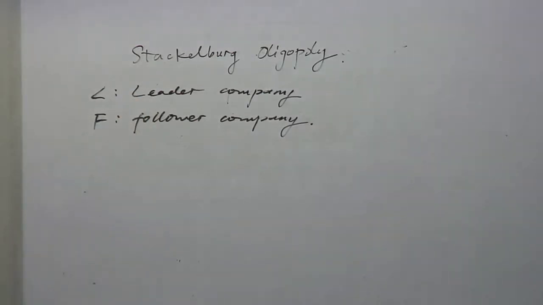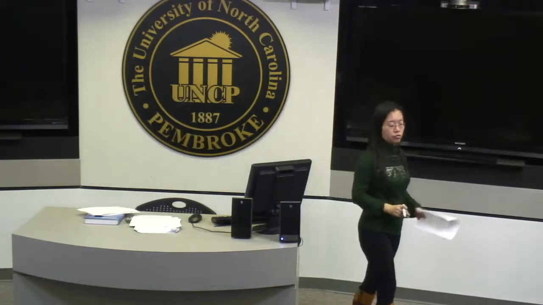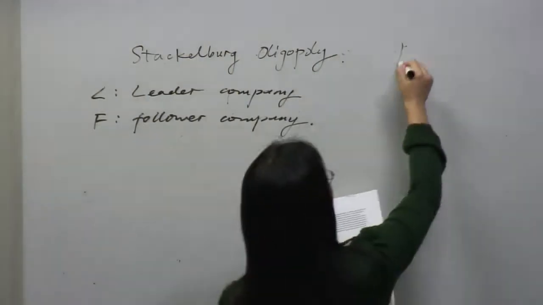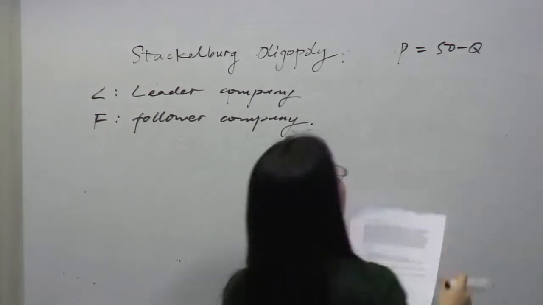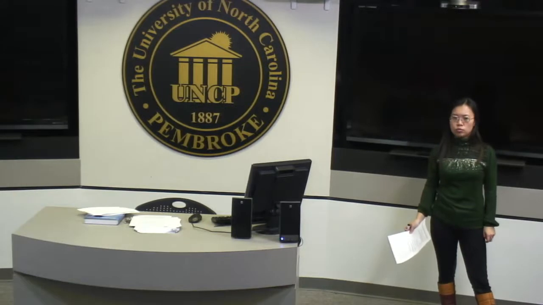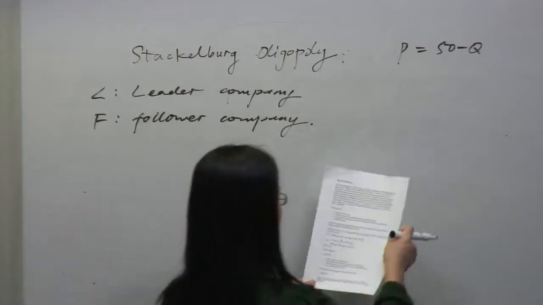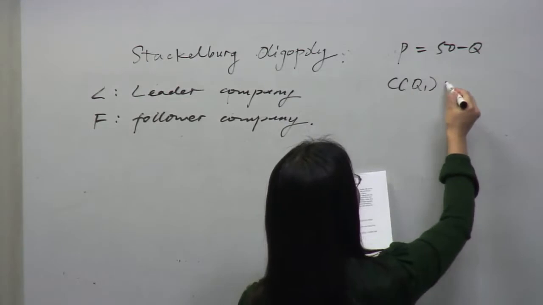We also need the same information as in the Cournot oligopoly: the market information, the demand, and also the cost information. So let's suppose our demand is this. The market price still depends on the total output from both firms. And the cost information I'm going to give you is this.